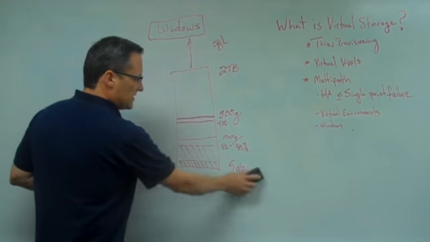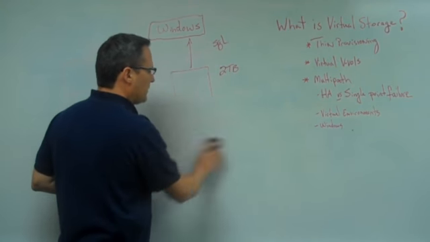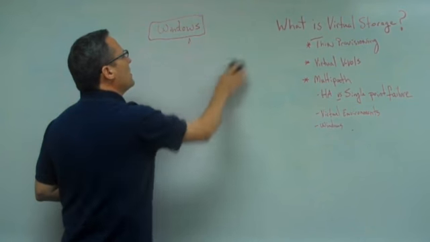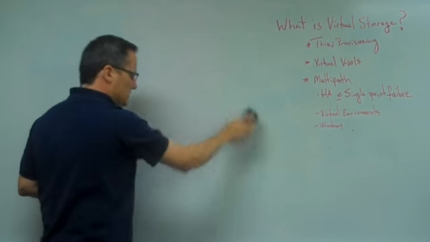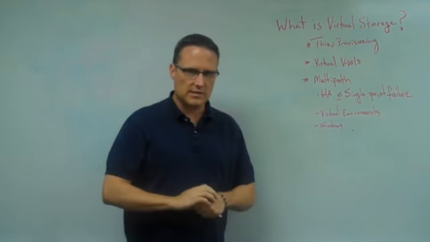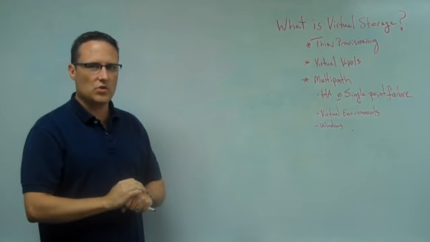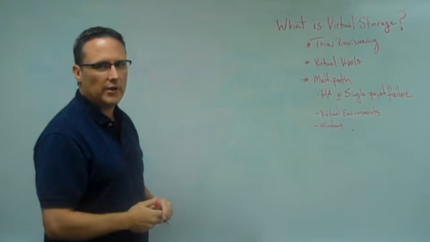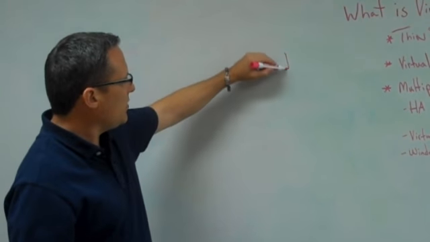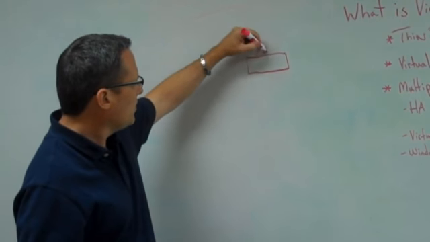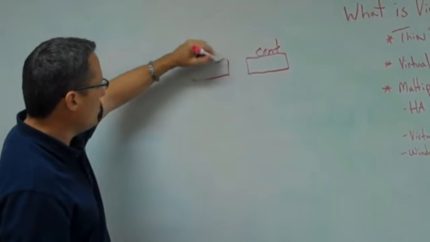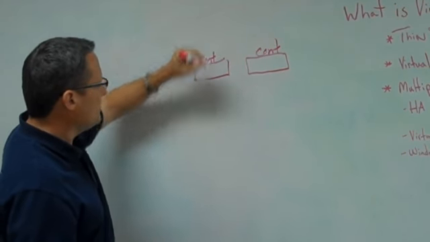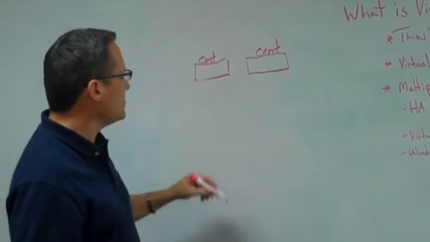Now, what is the second concept of virtual storage? DataCore has a concept where, when they talk about virtual storage, it's a methodology to eliminate your single point of failure. A traditional SAN model would have a controller and a second controller, usually, especially in Fibre Channel, and iSCSI as well now.